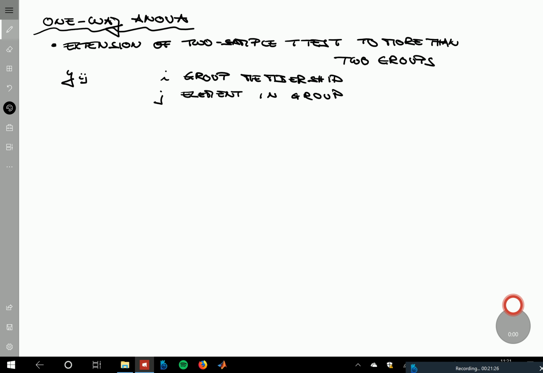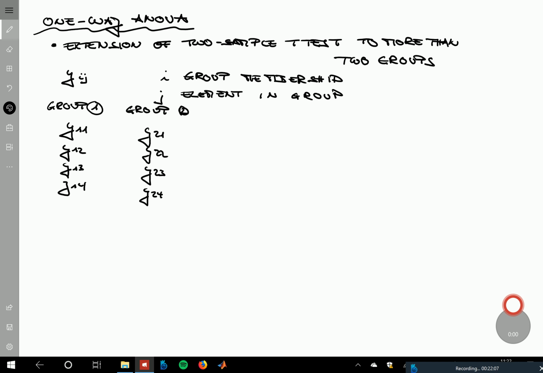Yeah. So to make this concrete, if we have, let's say, three groups, and in each group we have, I don't know, 4 data points, so that I don't have to write this much. We have in the first group y12, y13, y14. That's group 1. Then we have group 2. Then we have y21, y22. We assume a balanced design, so we assume that we have the same number of data points in each group.